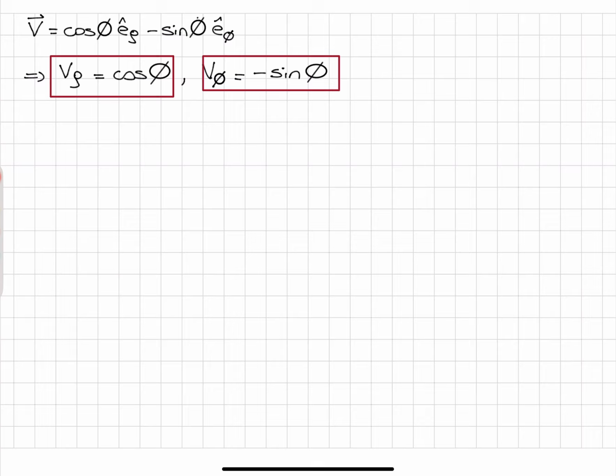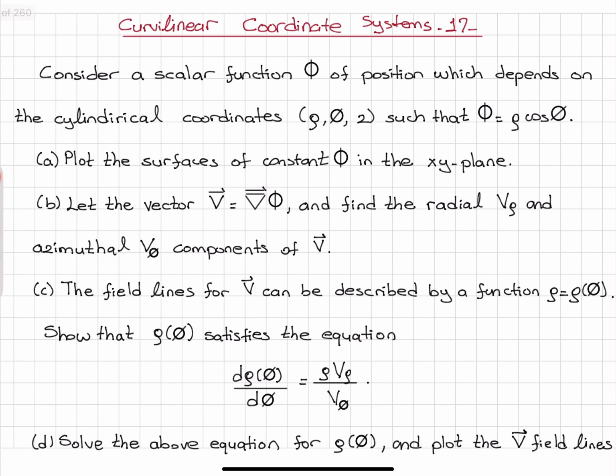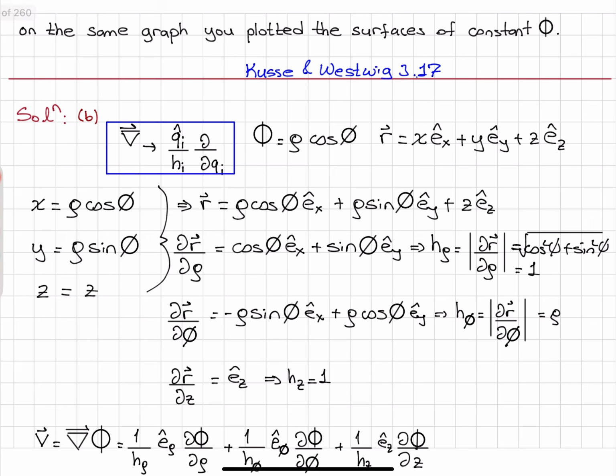All right, so in this problem, we're working with cylindrical coordinates rho, phi, and z, and here we have a scalar function given in cylindrical coordinates, rho cosine phi. So we're defining the gradient of phi as a vector v, and we want to find the radial and azimuthal components. So we recall the definition of the gradient in the curvilinear coordinate system, q_i hat over h_i times the derivative with respect to q_i.